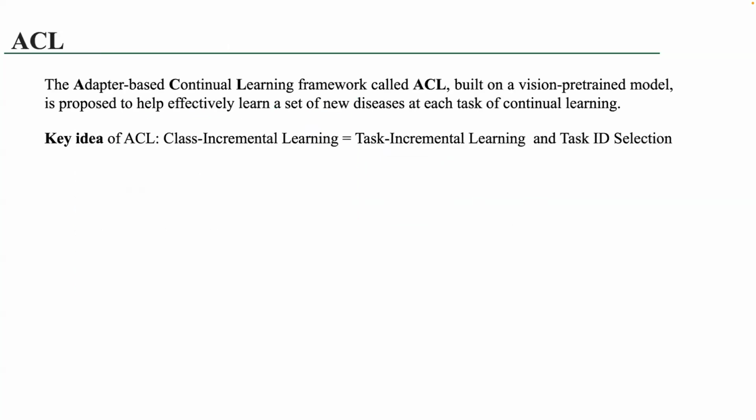ACL is a continual learning framework built upon vision pre-trained models, using adapters for fine-tuning. The key idea of ACL is decomposing class incremental learning into task incremental learning and task ID selection.